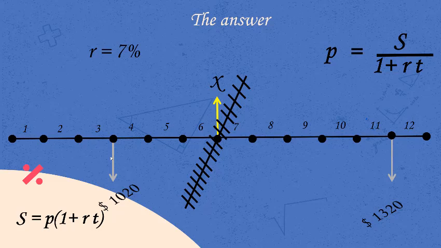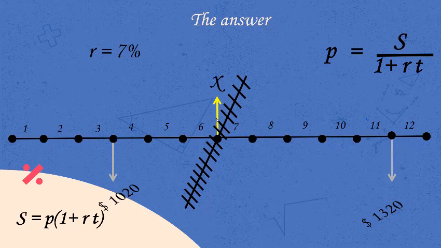The formula here: the amount of 1020 plus the present value of the other 1320 will be equal to the value of x, which is equal to x.